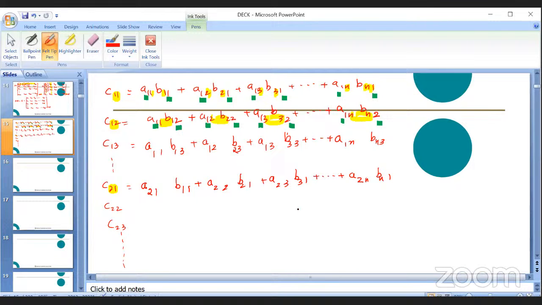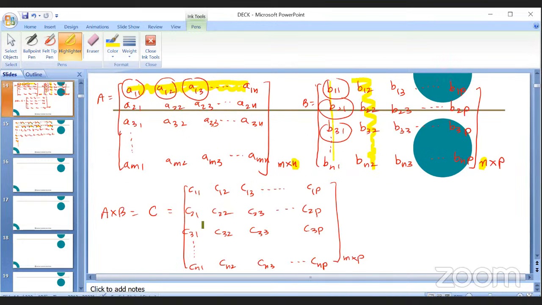In the middle, N. Like this way. Then you will multiply second row, second column, second row, third column. Like that it continues. You can write all the elements of the matrix.